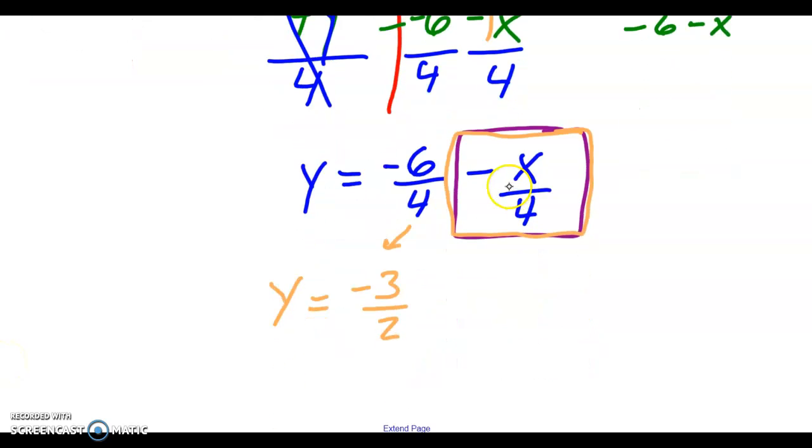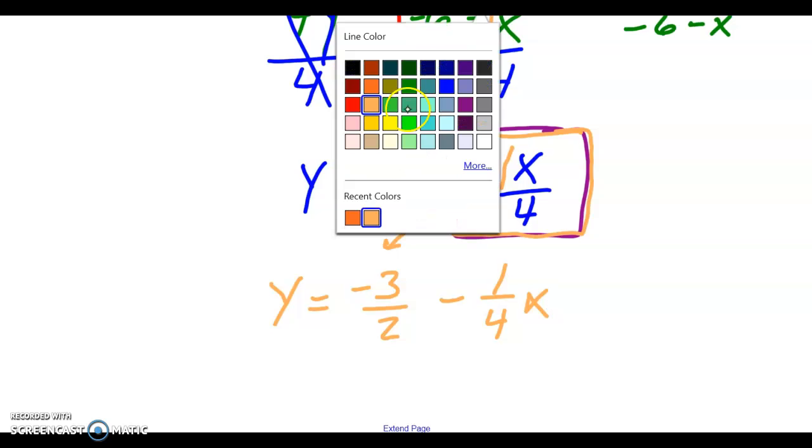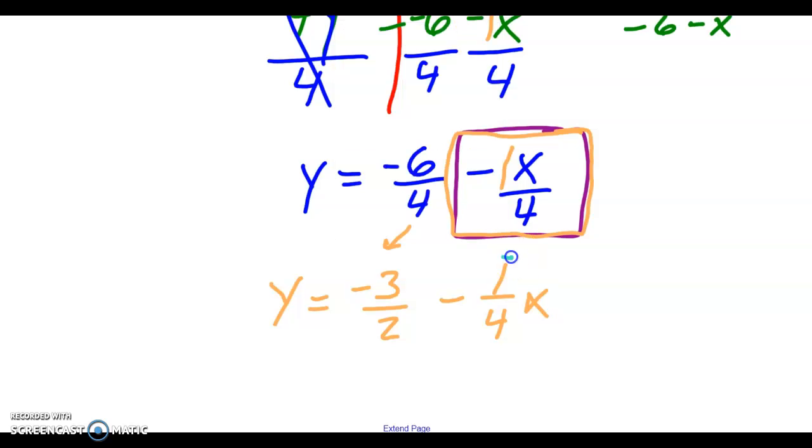So then when you have dividing by 4, you have -1 over 4. So if you want to separate that fraction, pull it out front of the x, that's the x value, or the value in front of the x in this case. So your slope for this problem is -1 over 4.